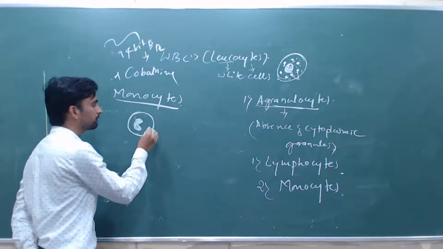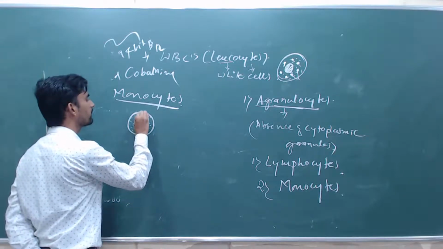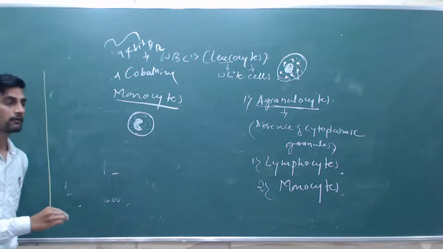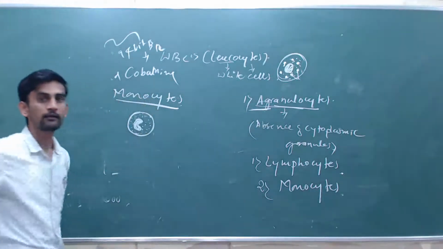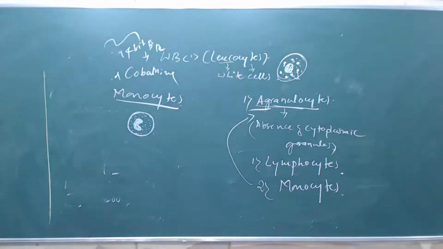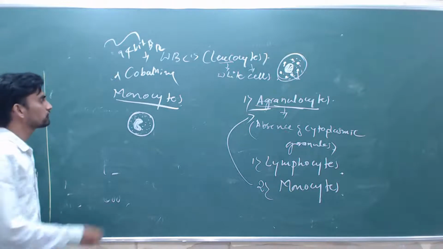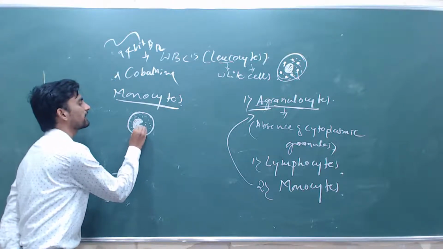It is surrounded by cytoplasm. Are granules there? No. Why? Because this is a type of agranulocyte. Are we using any stain here? No. So how will we come to know this is a monocyte?